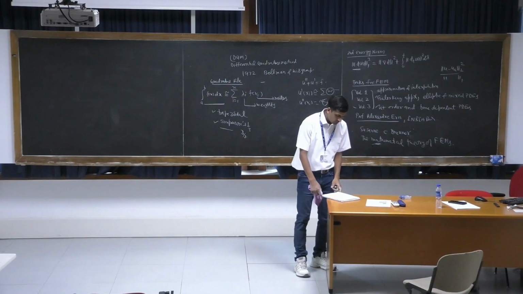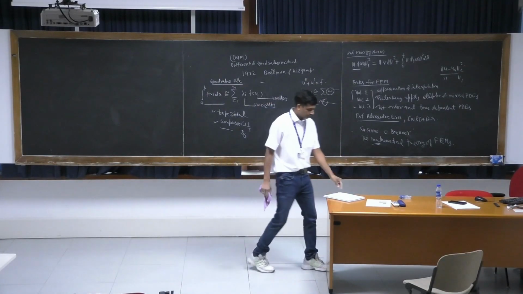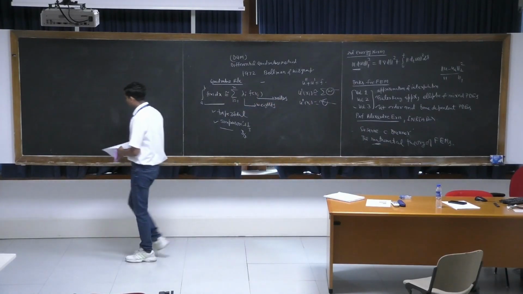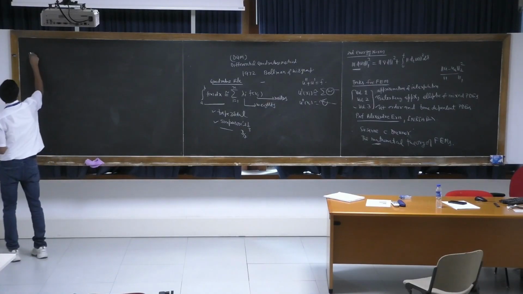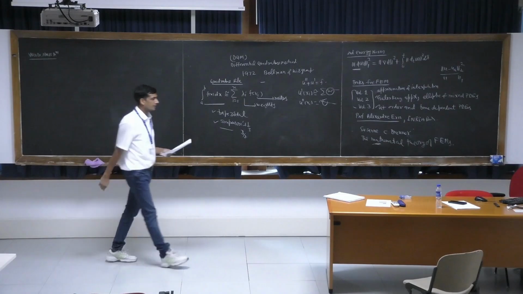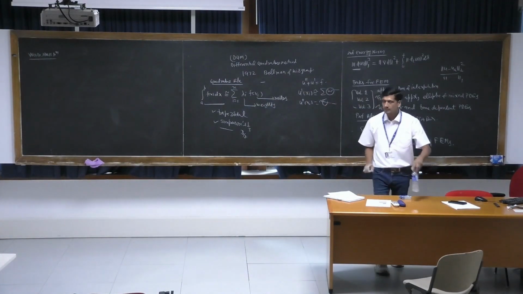So there is a Weierstrass theorem. Why does this method work? This is a fundamental theorem, Weierstrass theorem. I am not writing its statement, I am just telling you what the Weierstrass theorem is.